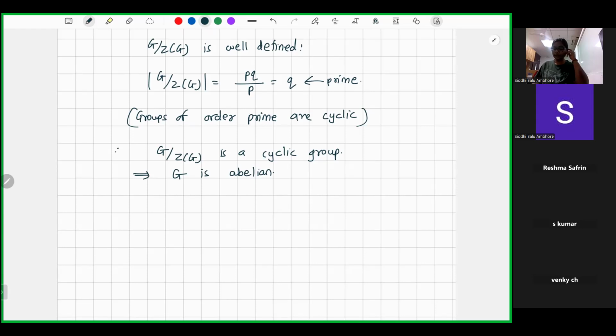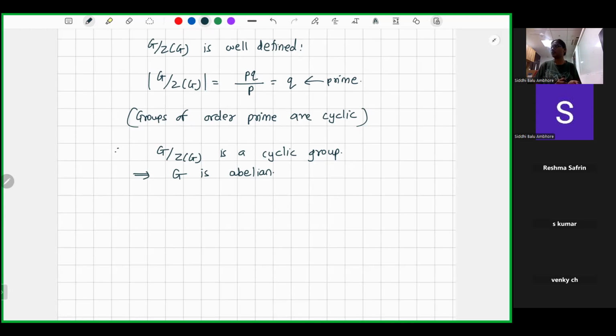I think when we did this, we had a restriction that G was finite.